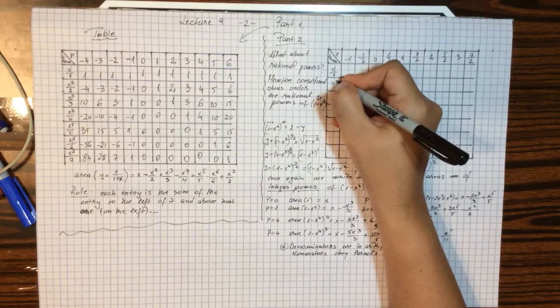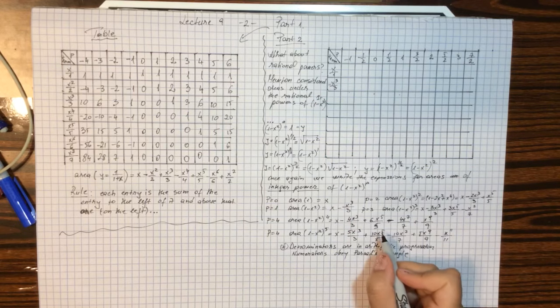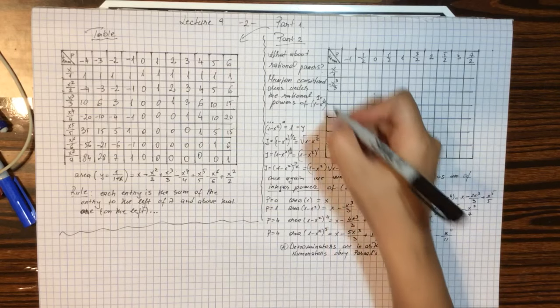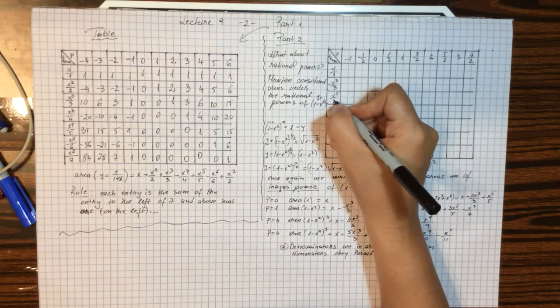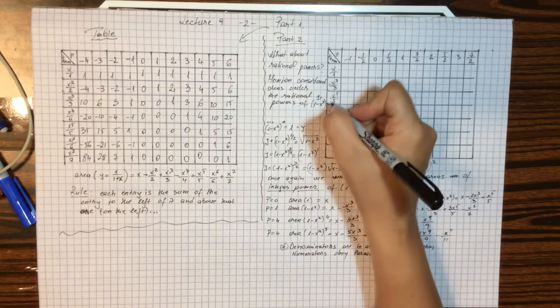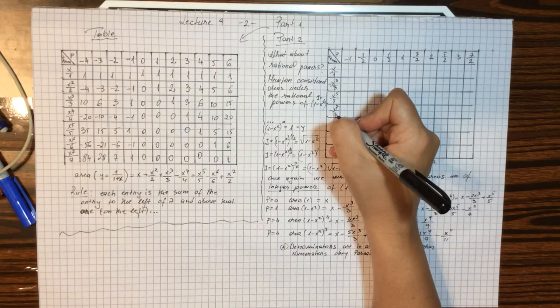So the next term that appears here is x to the 3 over 3. And then the next one would be plus x to the 5 over 5. The next one is minus x to the 7 over 7.